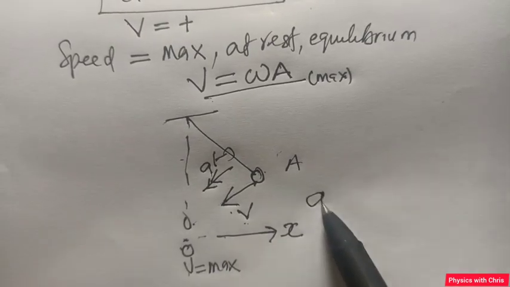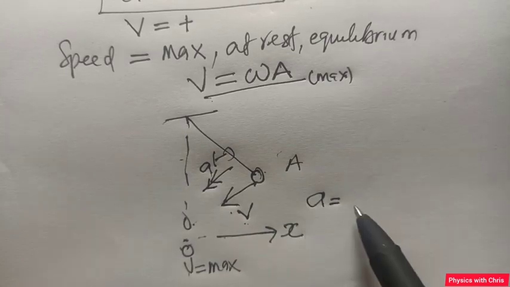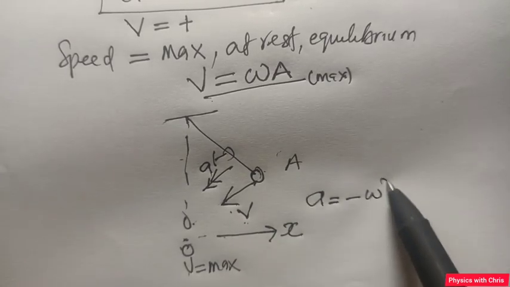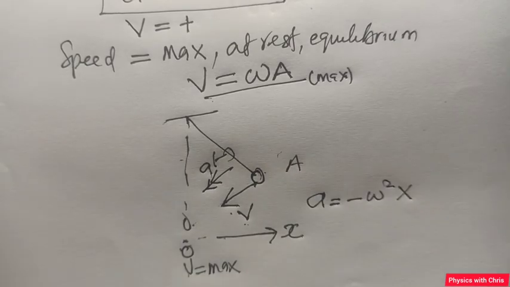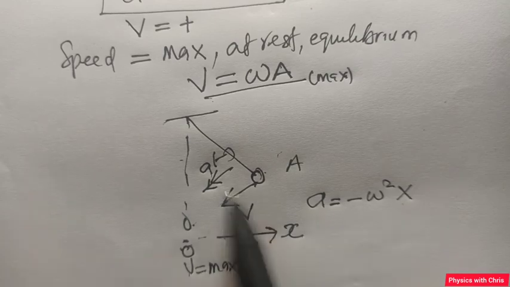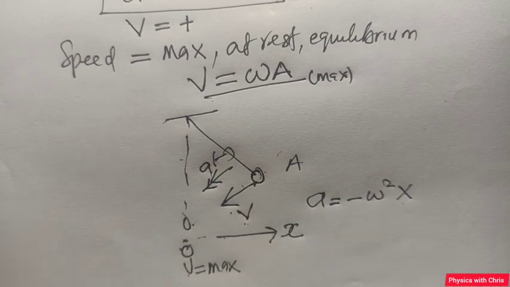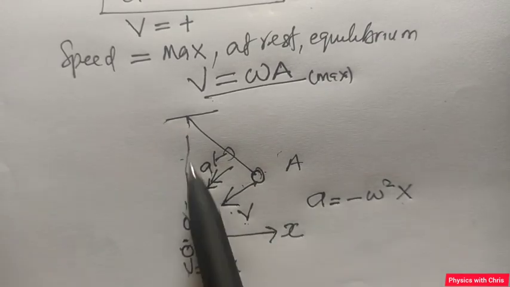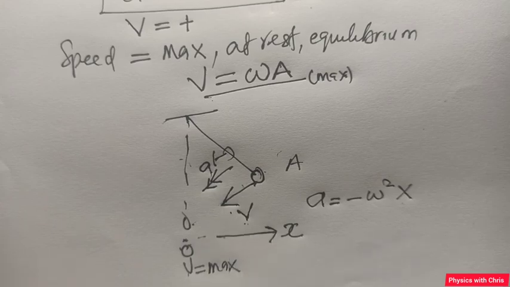So the equation will still be the same. Acceleration is minus omega squared times x. It doesn't change anything about the acceleration of the body in simple harmonic motion because both of them are still in opposite directions. But in terms of velocity and acceleration, since both are in the same direction, the body is speeding up. It moves towards the center of oscillation with increasing speed.